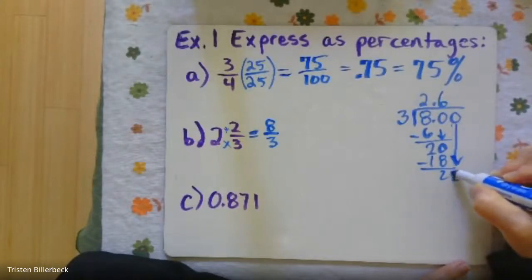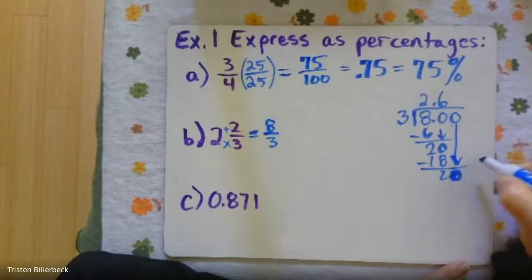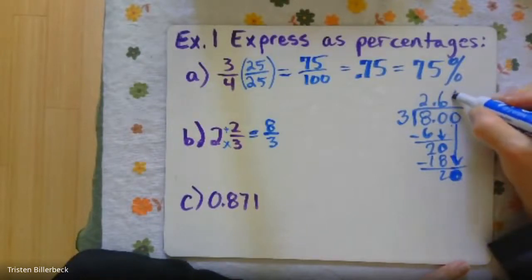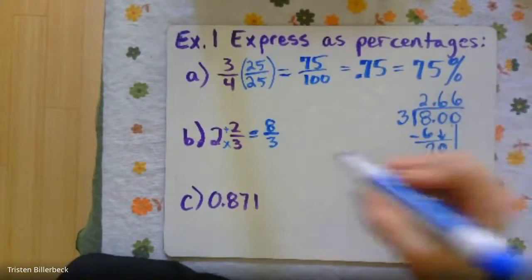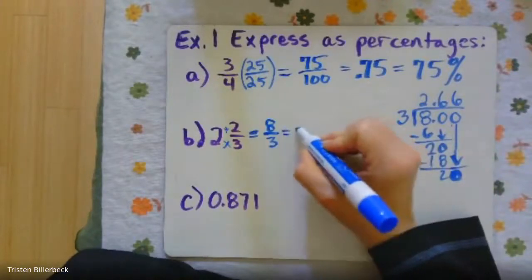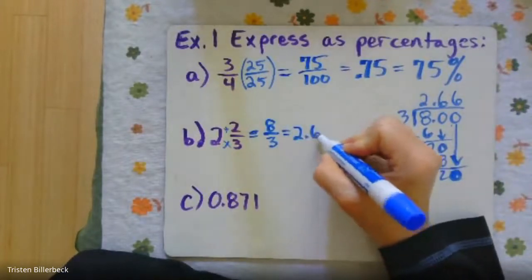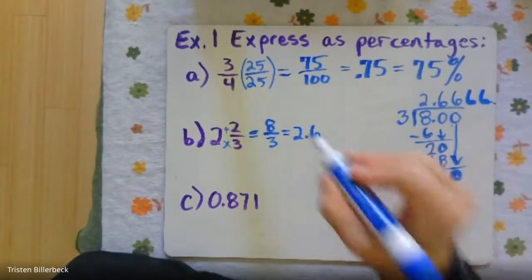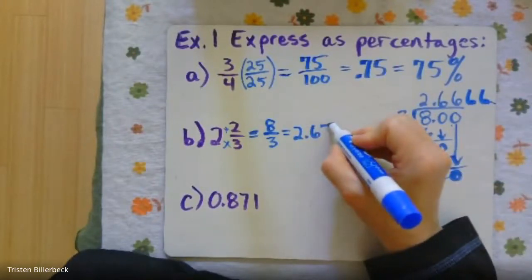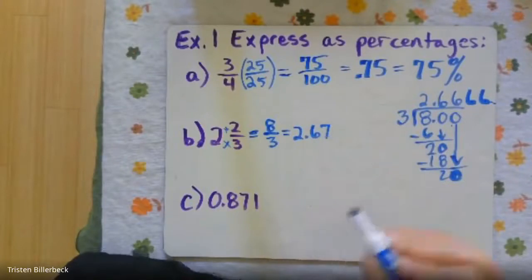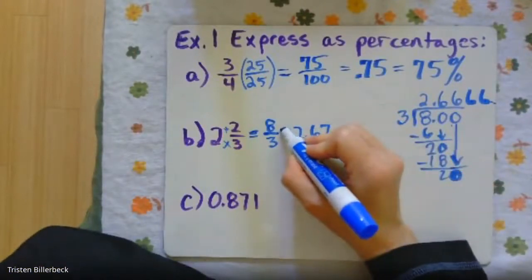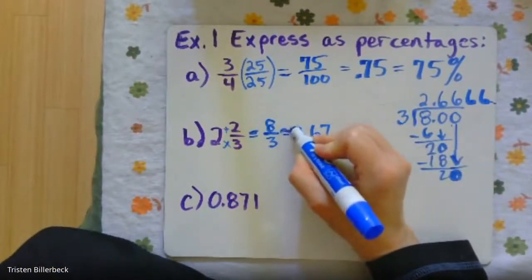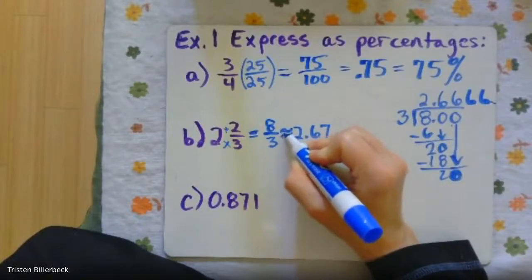We have, oops, that's a 0. So again, we have a 6. So we see as a decimal, this is 2.6, and it's going to keep going like that. So we can say 2.67 if we round, and when we round, we're going to change this to a little tilde.